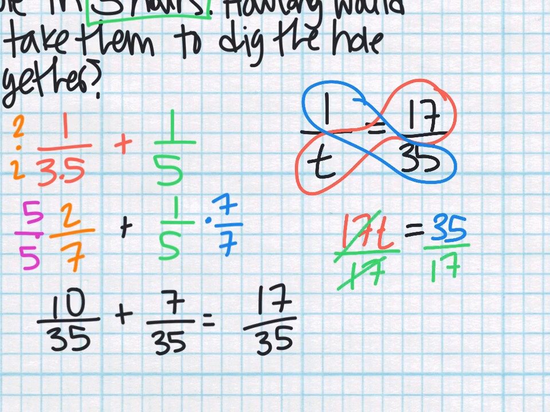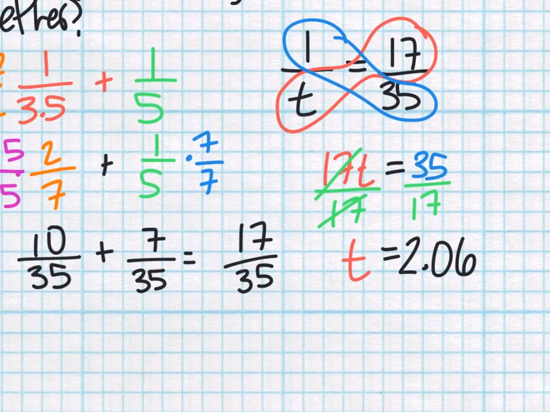Those cancel out, so I've just got t left. And then I'm going to grab a calculator, and I'm going to do 35 divided by 17. And that gives me 2.06. So it'll take them 2.06 hours to dig the hole together.